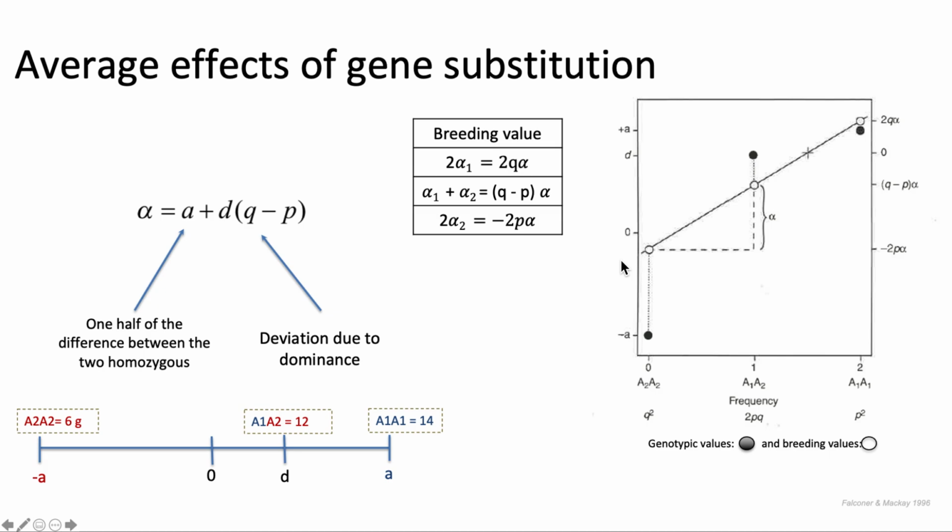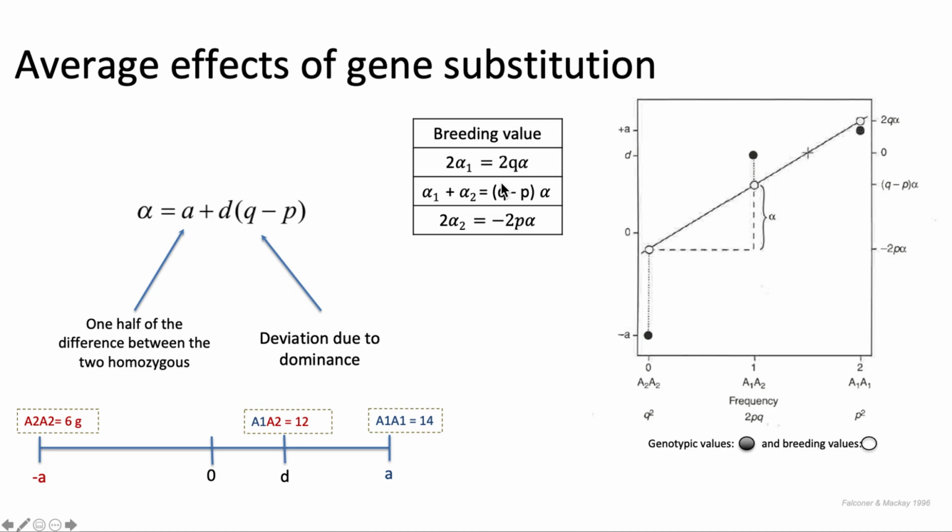And after identifying the allele substitution effect, we can estimate the breeding values, and the breeding value is basically 2 times the alpha 1 or 2 times the alpha 2. That depends on the genotype, of course, but my point here is that the 2 means that we have two alleles, so that is why we have to use this number here.